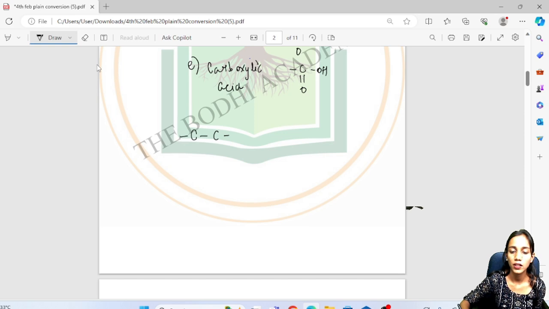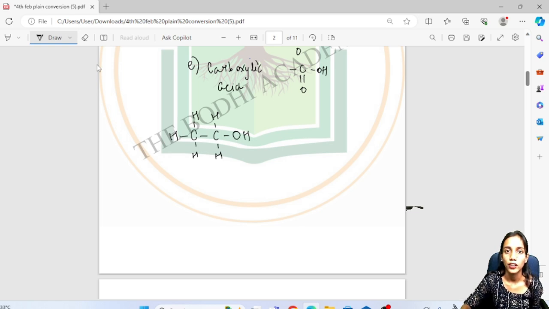Here there are two carbons, and in place of hydrogen I am adding an alcohol group. We see that the valencies are already satisfied. So how do we write the formula of this?